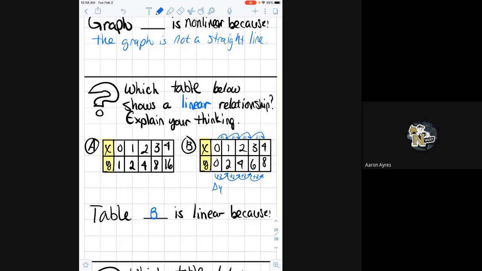So you're changing y over you're changing x, okay, is always 2 over 1. That's constant, all right? On table A, we jump from there to there, that's a change in 1. We jump from here to here, that's a change in 2. That's not constant, okay?